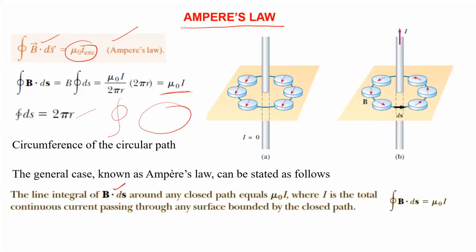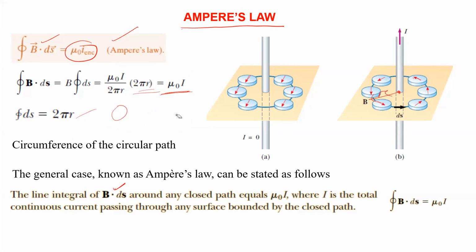Suppose the radius is r, and let this be the center of this magnetic field ring. So the circumference of the circle, the length of the path, will be 2 pi r. So mu 0 I divided by 2 pi r into 2 pi r, so we will get mu 0 I. This is the final version.